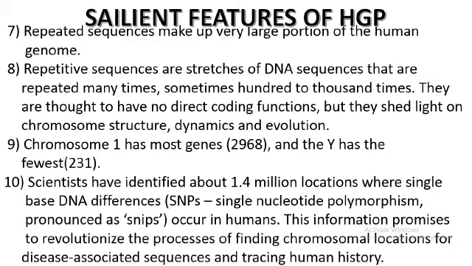Very important part is this. In the human genome, there are more than 1.4 million locations where just one nitrogenous base will differ when you compare one person with another person. These locations are called SNPs.